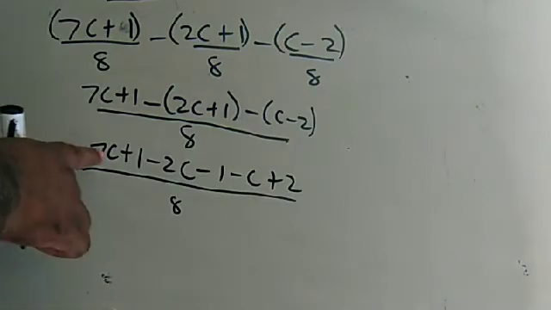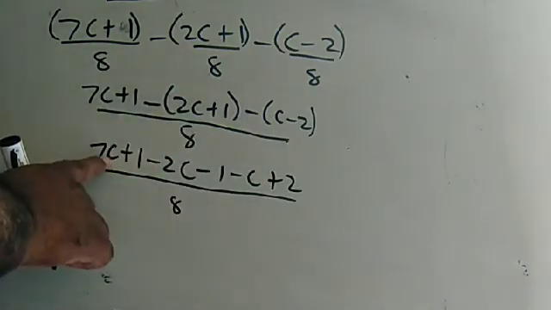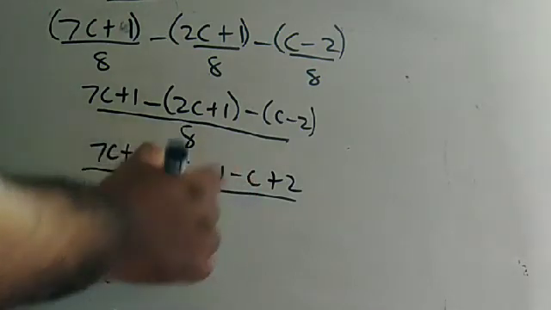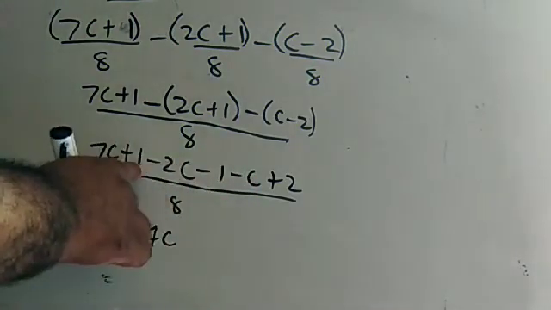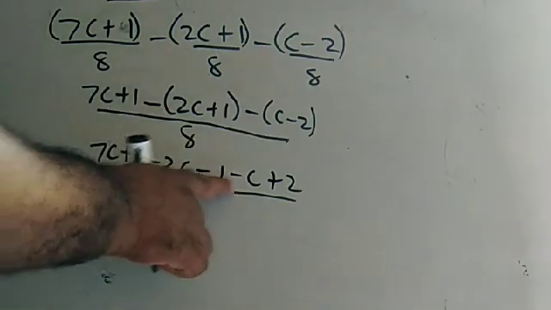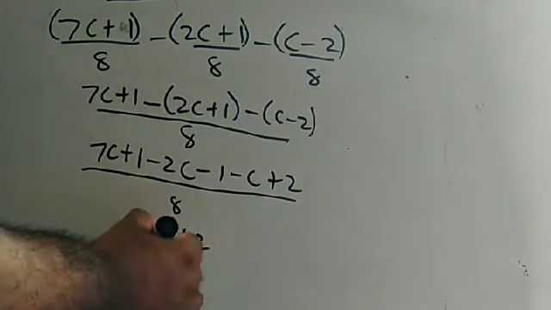I can see here like terms: 7c minus 2c is 5c, 5c minus c is 4c. Plus 8 minus 1 is 7, plus 2 is 9 upon 8.